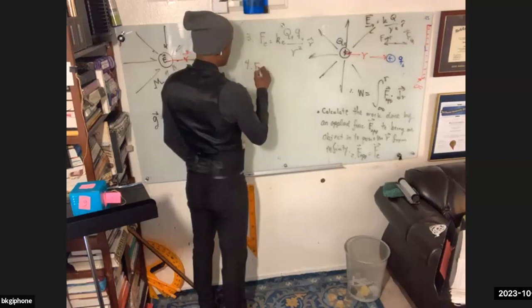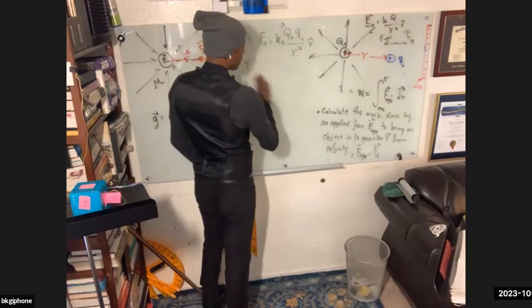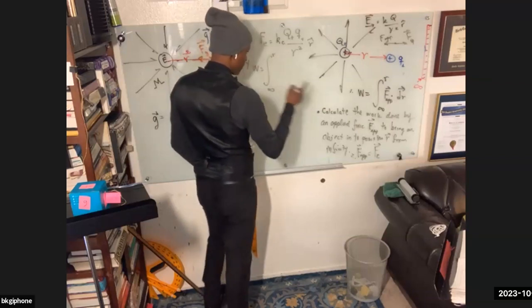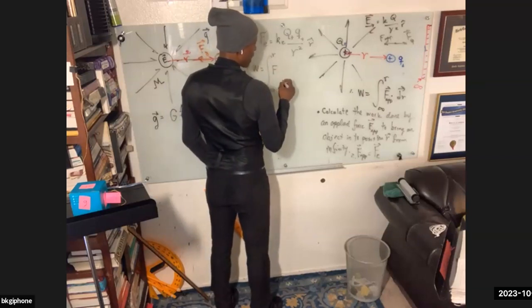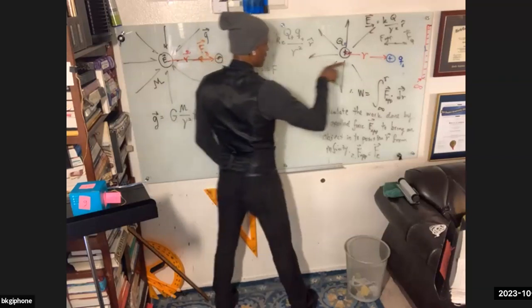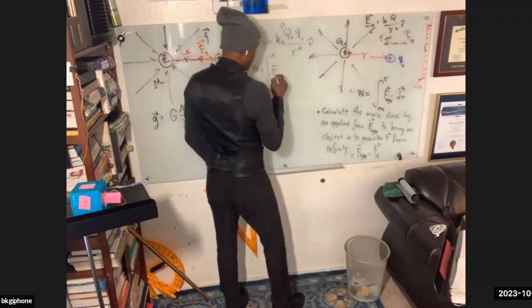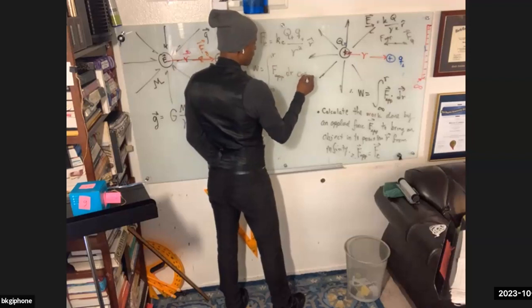So the work is equal to the integral to R, I'll make it a definite integral, of F applied dr cosine of 180.